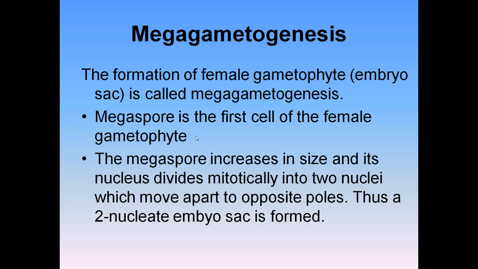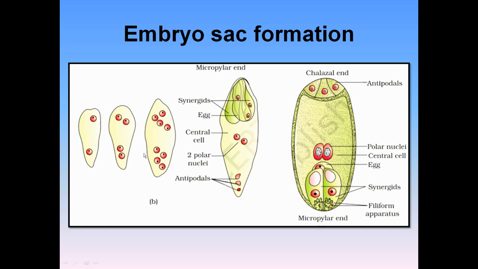The megaspore increases in size and its nucleus divides mitotically. You can see here the one cell which is present after the degeneration of three cells in the tetrad is going to divide by mitosis, and ultimately four nuclei are going to be formed, and then these four are going to divide again to form eight nuclei. Only nuclei we are talking about, because nuclear division is not followed by cell division.